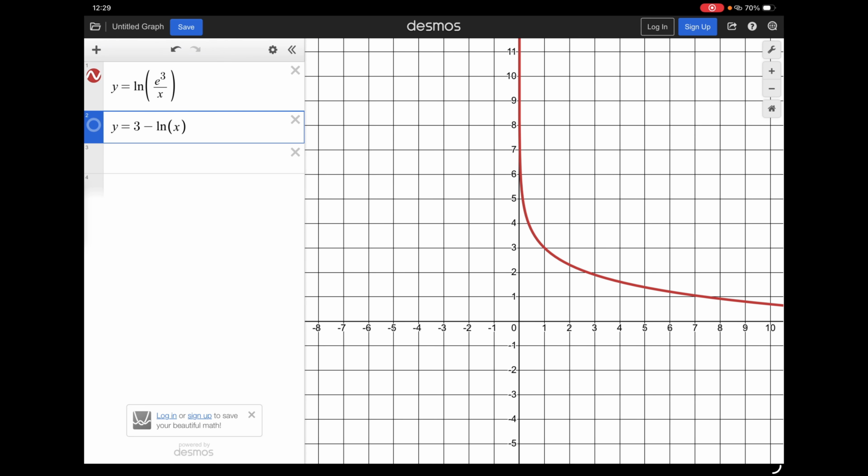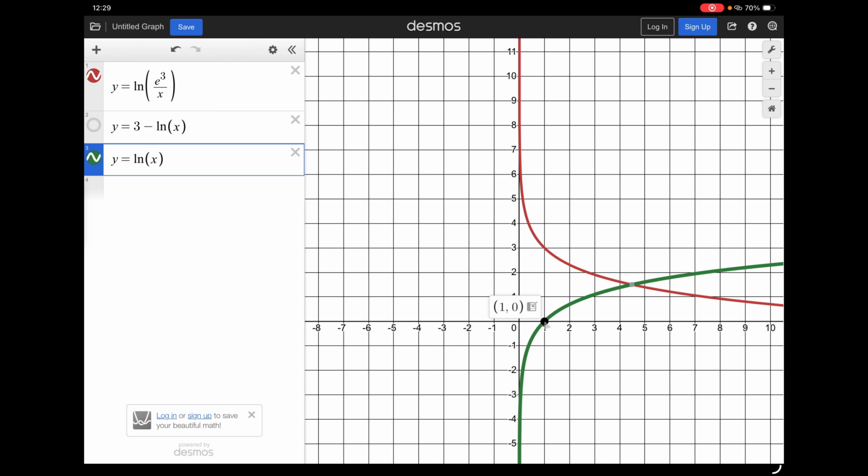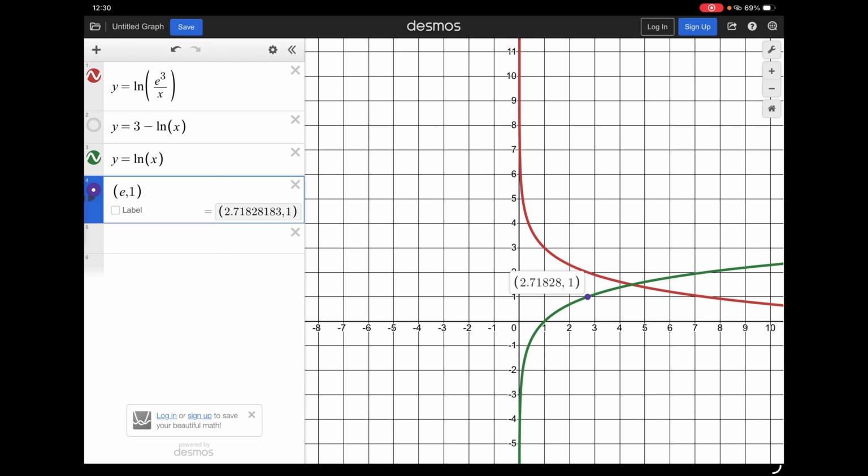So again, let me demonstrate the usefulness of knowing how to use this property. We should be familiar that the natural log of x is going to have the x-intercept right here at 1, and that at e, because the base is e, the point (e, 1) is going to be a point on the graph.